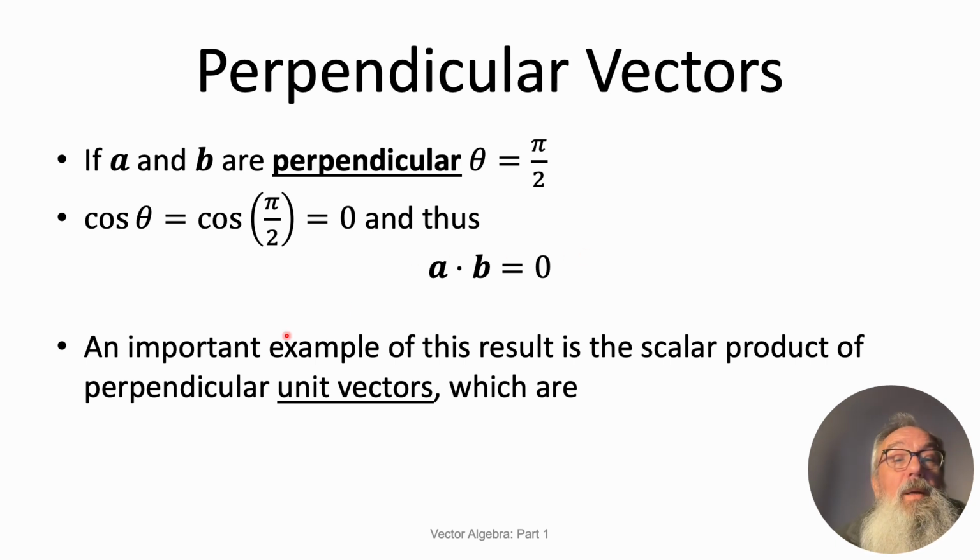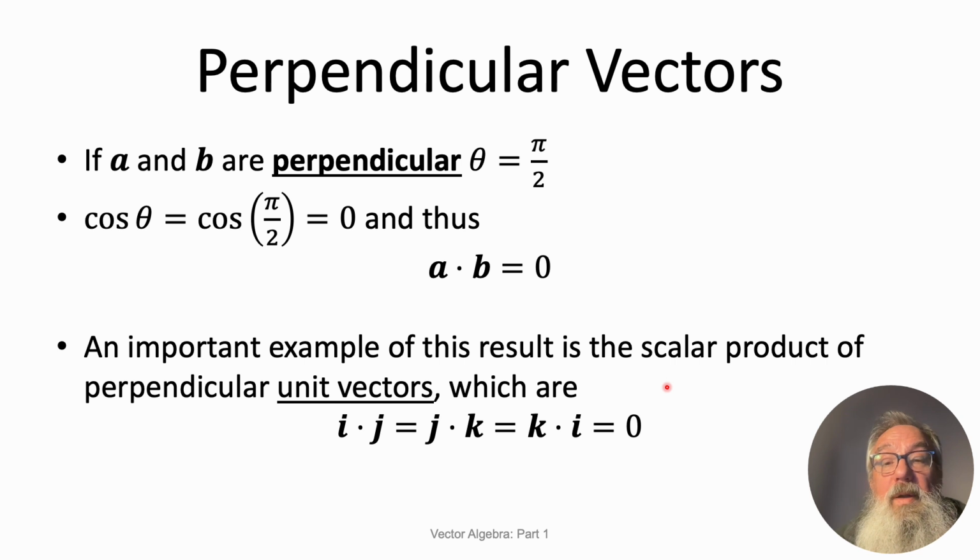So this is an important result of the scalar product, and it's particularly important when we look at the three axes, because the three axes are perpendicular to each other. So I dot J is going to be equal to J dot K is equal to K dot I, which is all going to equal 0. Very handy to know whether two vectors are at right angles, or it's very handy to help us find a vector that is at right angles to another one.